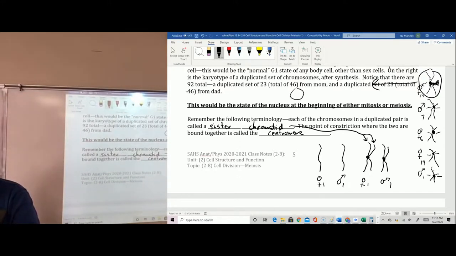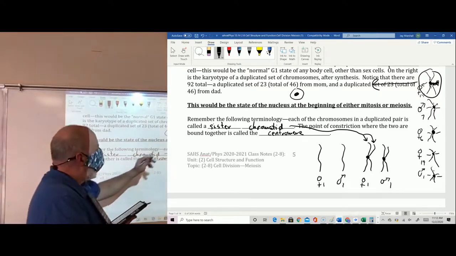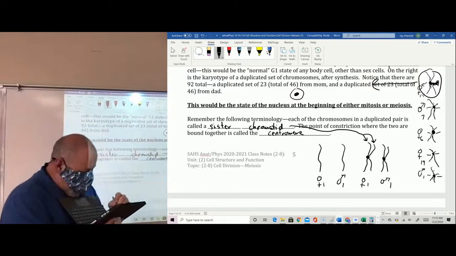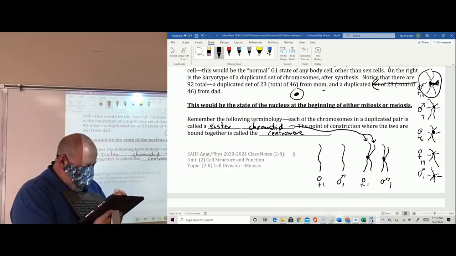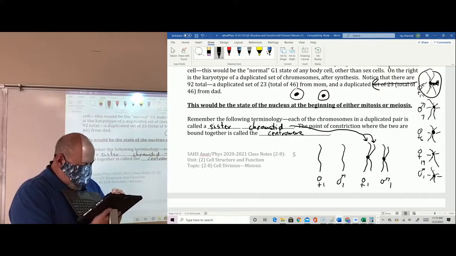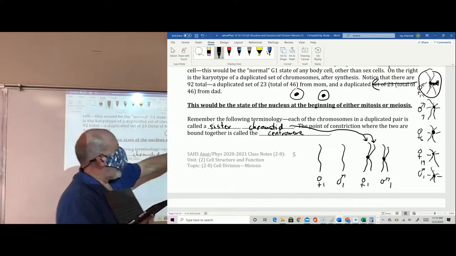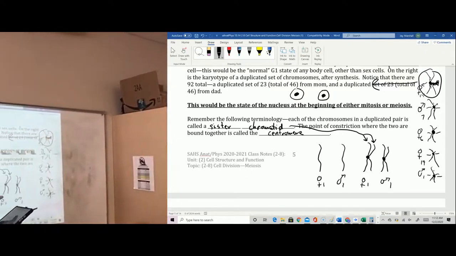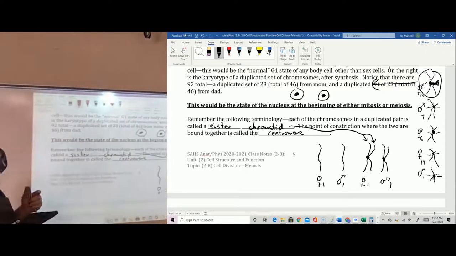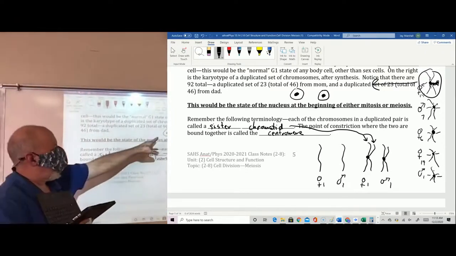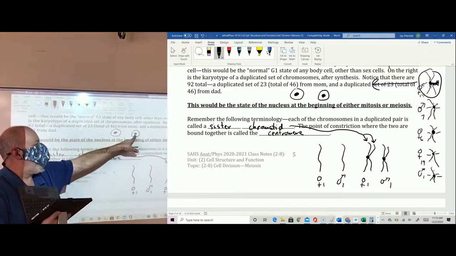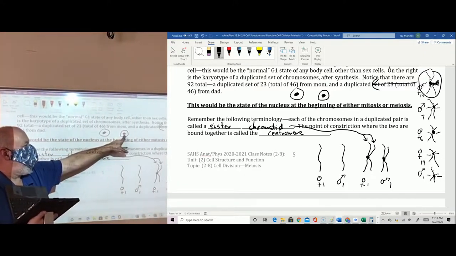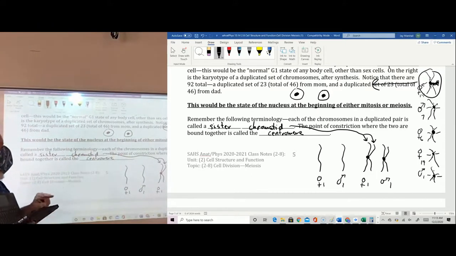Okay? So think about it. If I just have the fertilized egg here, and it's ready to undergo that first cell division to get two cells, right? We're going to get two daughter cells. But say this happened, where both of the chromosome 14s from mom went into one of these cells, and none of mom's chromosome 14 went into this cell.